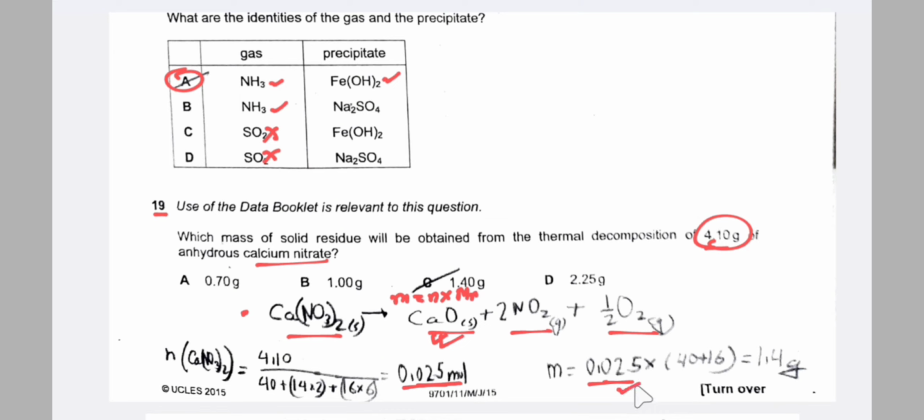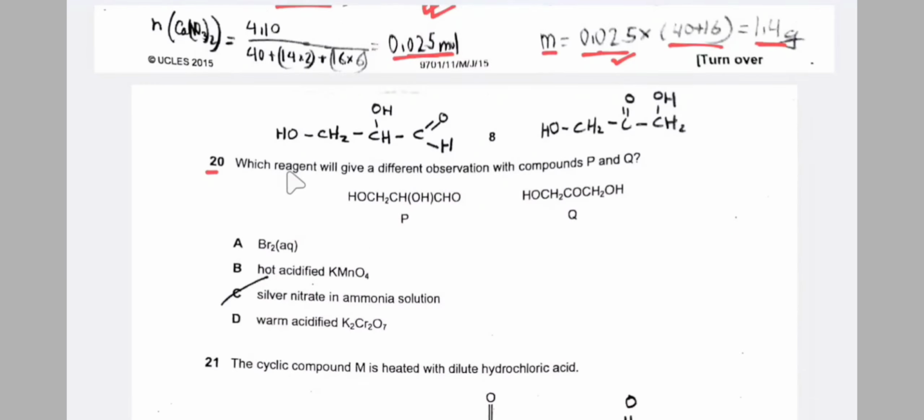So we know the moles of calcium oxide. We find the MR of calcium oxide, that is calcium is 40 and oxygen is 16, so 40 plus 16. Mass in grams is equal to number of moles times MR. So the total mass comes to be 1.4 gram. That is answer C.